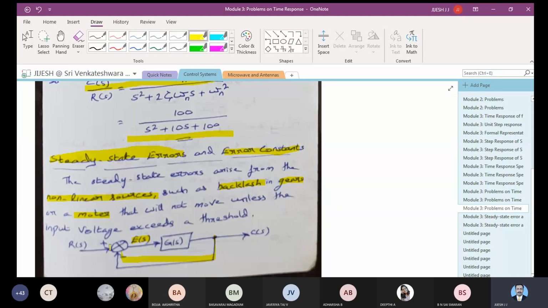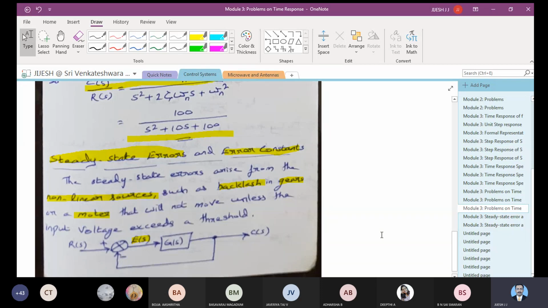It is a continuous process, so it keeps on doing it. When errors are generated, in the subsequent process it keeps on reducing them. We'll be studying how to calculate the value of ess and all those things. So you can just note down.